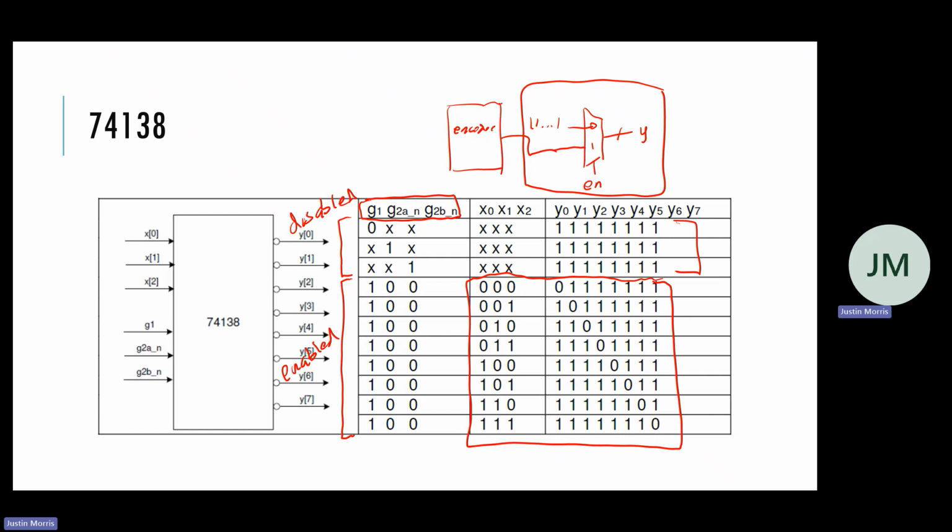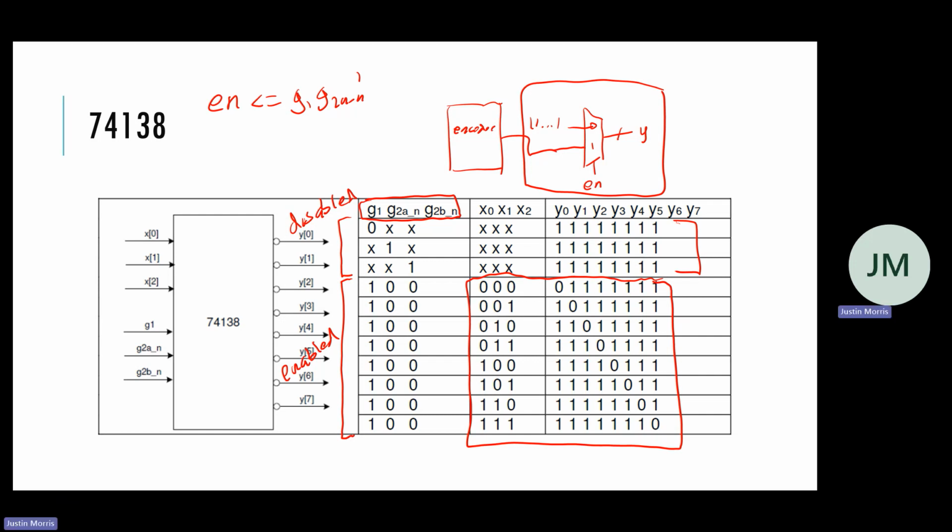So then the whole thing is, what do we assign our enable signal to? When are we enabled? Based on those three, what should this equation be? Yeah, so G1 is 1. G1, what else needs to be true? G2AN is 0, so G2AN not.